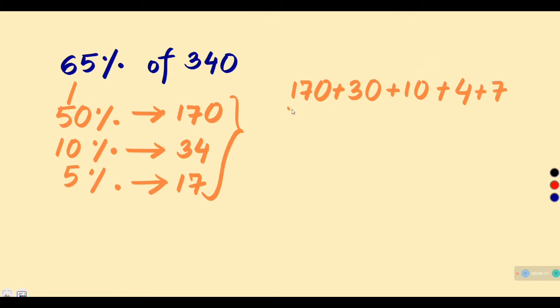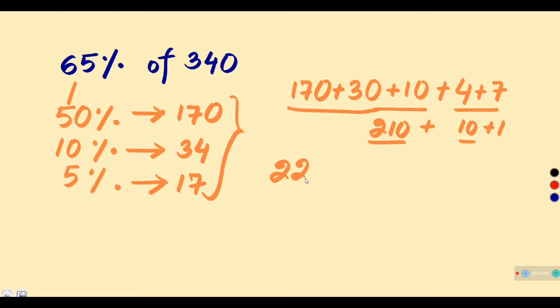So 170 and 30 is 200. 200 plus 10, 210. And 4 and 7 is 11. 11 means 10 plus 1. So 210 plus 10 is 220 plus 1, 221. 221 is the right answer.